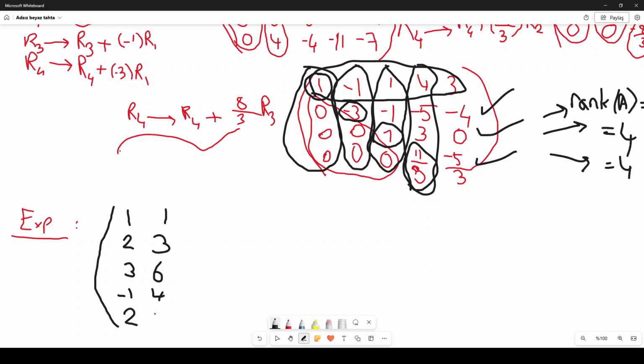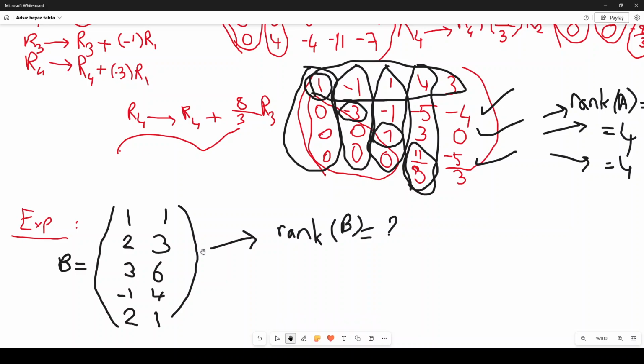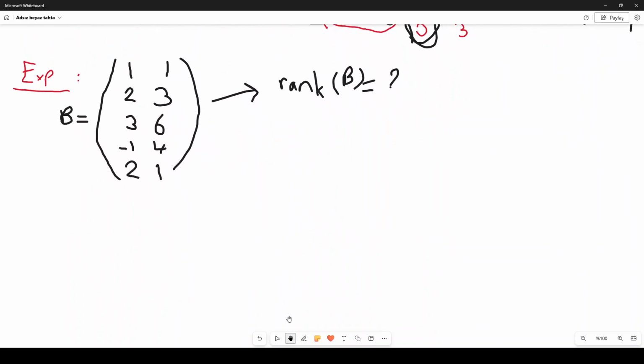Now suppose this is the new matrix given to us, and what we are required to do here is just find the rank of this matrix. Let's give a name to this matrix, let's put a label, say it is B, and find the rank of B. Okay, the question is this: let's find the rank of this given matrix, namely B. And let's look at the solution.